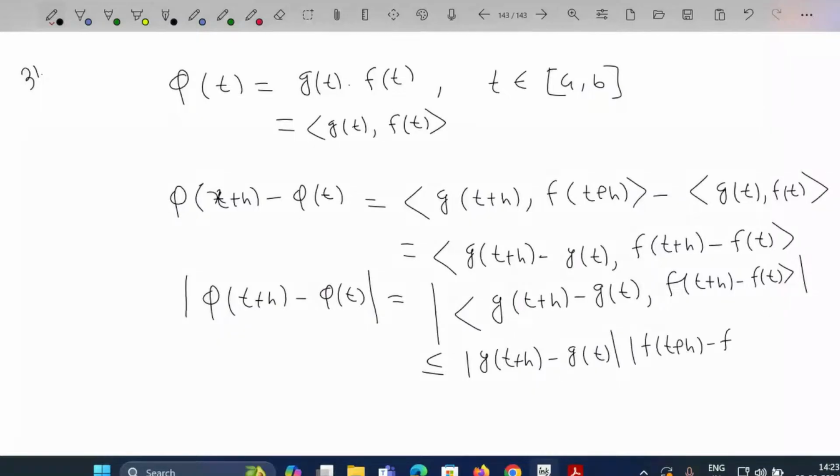And then because they are continuous, you can make it in such a way that it will be less than epsilon. So done. Therefore it will be a continuous function. Is it clear? Just using the Schwarz inequality in this case we got the solution.